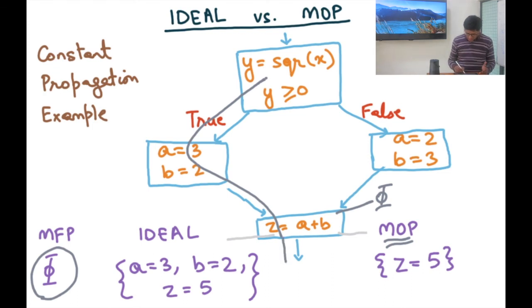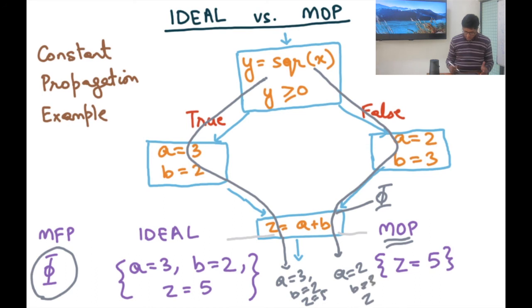Similarly, on the other path, I'm going to get a equals 2, b equals 3 and z equals 5. And what is our definition of MOP? I first compute the transfer functions on the full paths, and then at the very end I meet those values. When I meet those values, a and b are going to get cancelled because they are holding different values, but z is going to remain. So the meet over paths solution here is z equals 5.